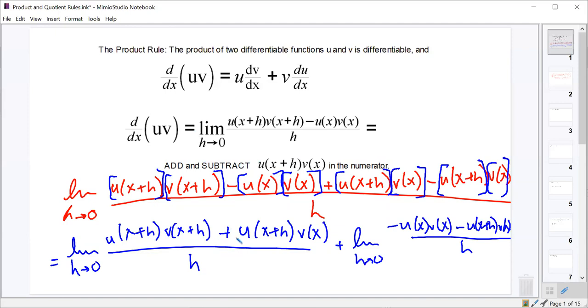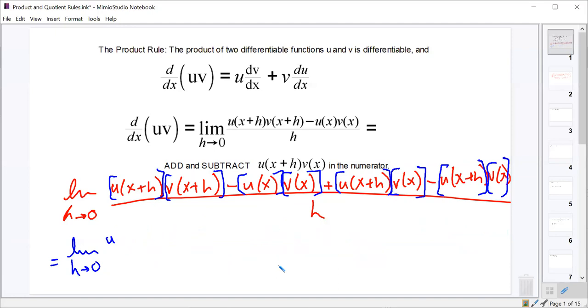So if this was a minus here, and I factored out the U of x plus h, wouldn't I have the limit as h approaches 0 of V of x plus h minus V of x all over h in there? I think we would. So we've done this just slightly the wrong way. We needed to group together this first term with the one that had a minus in it. So let's try that.